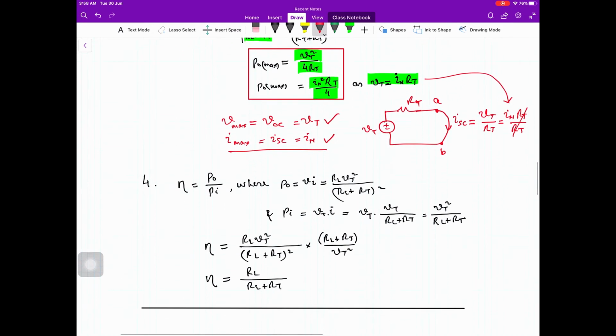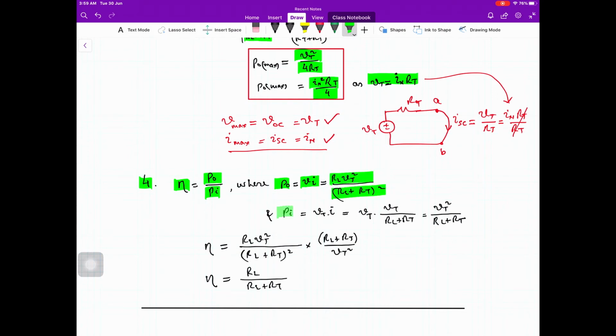The fourth parameter we see is the power efficiency, output power divided by the input power. What is output power? Output power is the voltage across the load multiplied by the current flowing through the load, and we have already seen it.